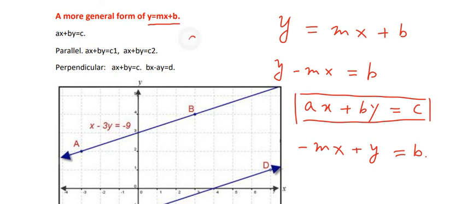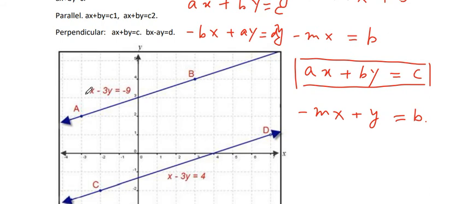Or we can put the negative on the other term, like negative bx plus ay equals d. So for this one, 3x minus 3y equals negative 9, and x minus 3y equals 4, the two lines are parallel.